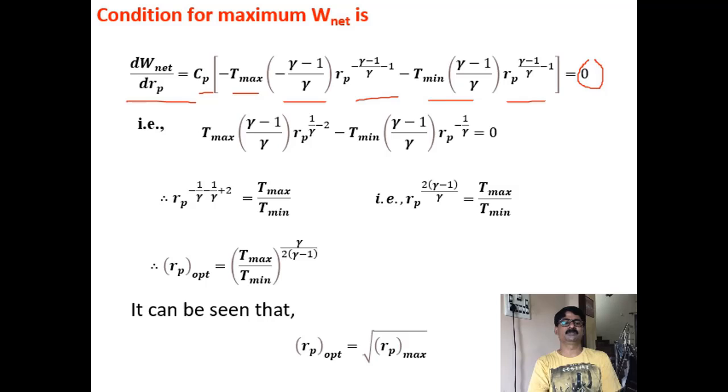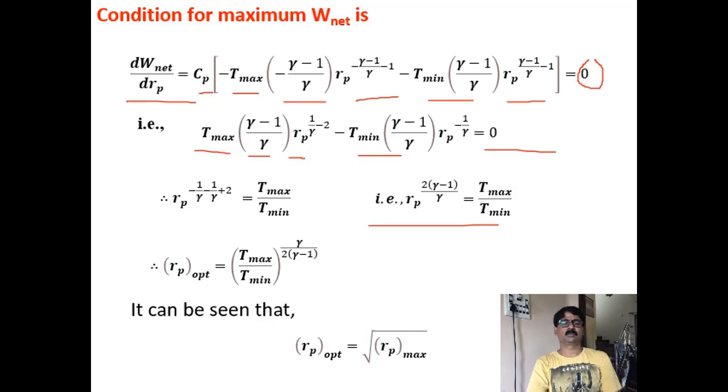After simplification, next line: Tmax into (gamma minus 1) by gamma into Rp to the power (1 by gamma minus 2), minus Tmin into (gamma minus 1) by gamma into Rp to the power (1 by gamma). Just keep simplifying this, and finally you end up with the expression Rp to the power (2 into (gamma minus 1) by gamma) is equal to Tmax by Tmin.